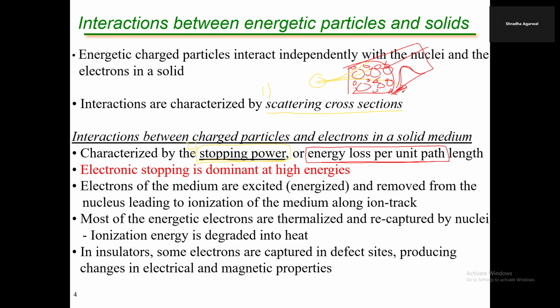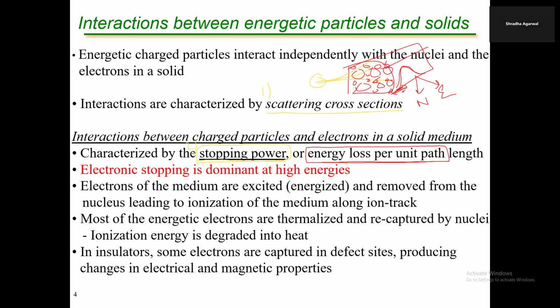Energy loss happens with nuclear interactions and with electron interactions, so you have nuclear stopping power and electron stopping power. That is what you are going to calculate using SRIM, right? So I hope this is clear.